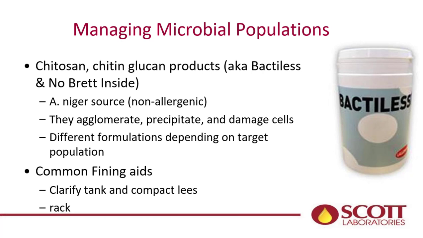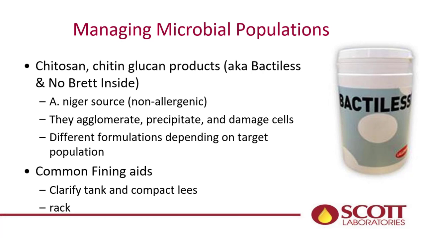If you do have some spoilage, there are things that you can use. This is primarily after fermentation, but there are some newer finding aids on the market nowadays that weren't around 10 years ago, and they're chitosan and glucan type products, which are derived from Aspergillus. They're non-allergenic.